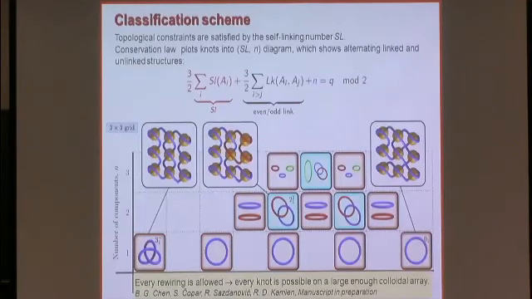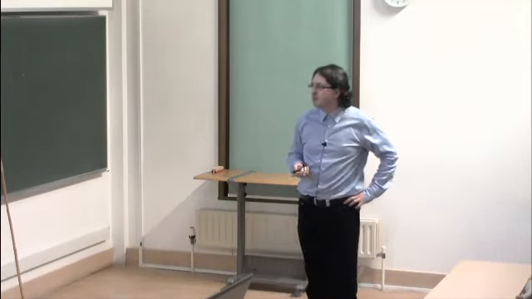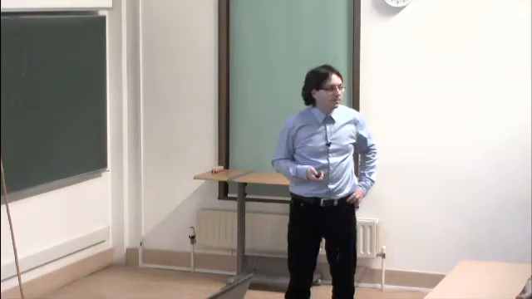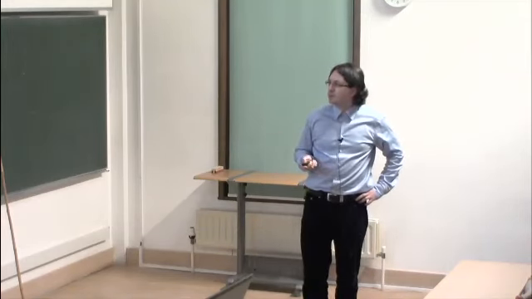Because tangles, so you can do permutation of tangles here in these spaces, are independent, practically every rewiring is allowed. And in principle, every knot and link is possible on a large enough colloidal array. And this, I think, is going to be proved also by Kemi and group soon.